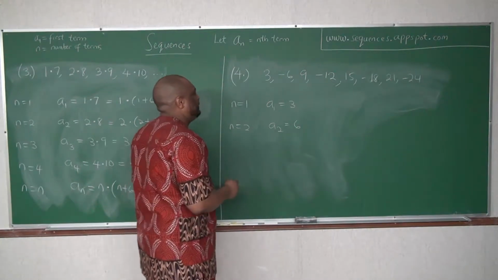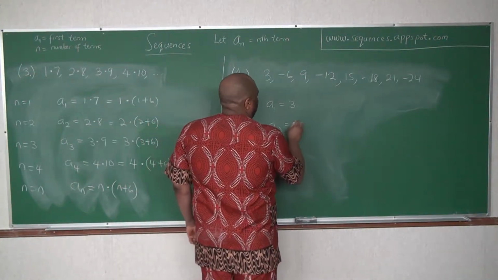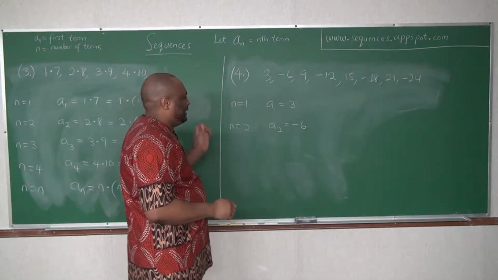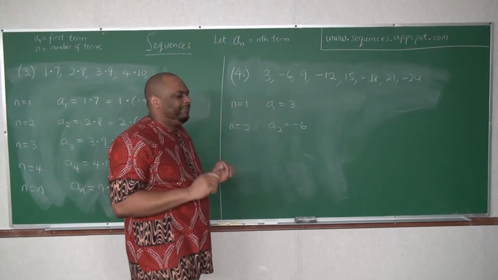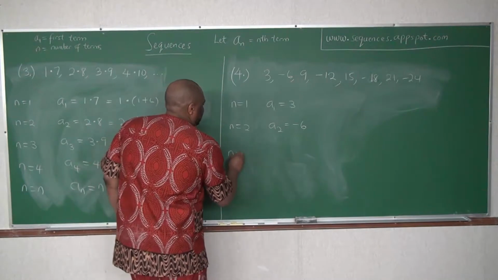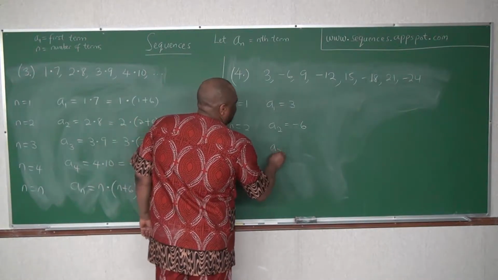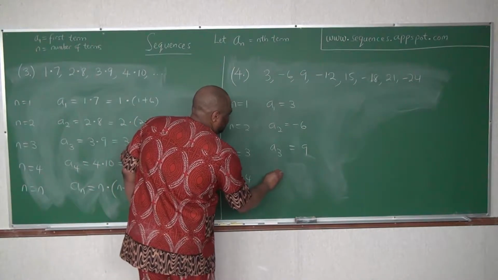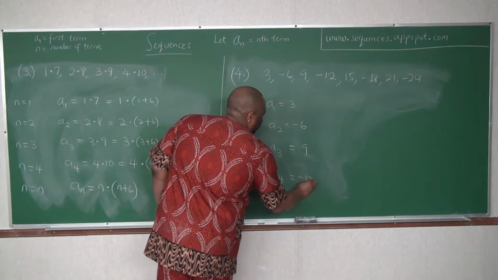I know it's negative 6, okay, but let's not worry about the negative for now. Let's write this out first. When n is 3, the third term is 9. When n is 4, the fourth term is negative 12.